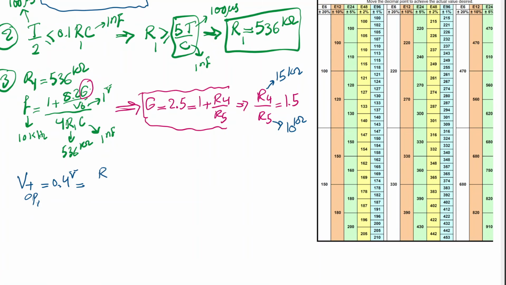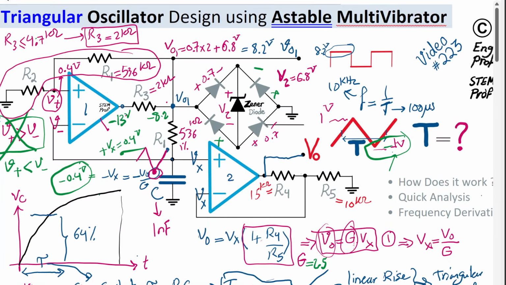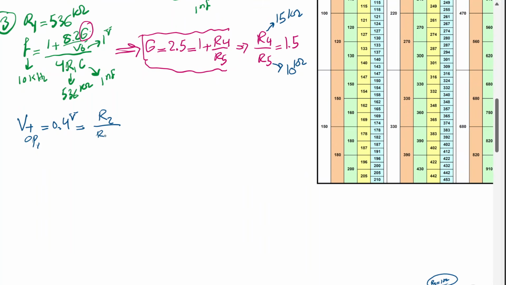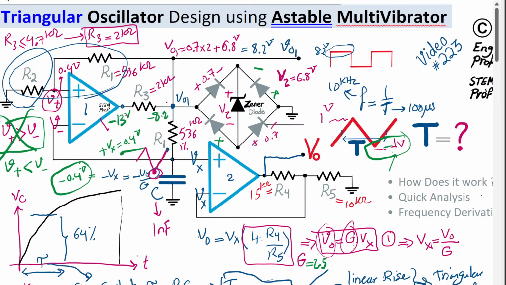So the resistor here is R2. There's a simple voltage divider, R2 divided by R2 plus R1, that gives us what we want. So I am going to say R2 divided by R1 plus R2 times the voltage of 8.2 volt, that's VO1. Recall that at this VO1, we have either 8.2 or negative 8.2, depending on rise or fall time.